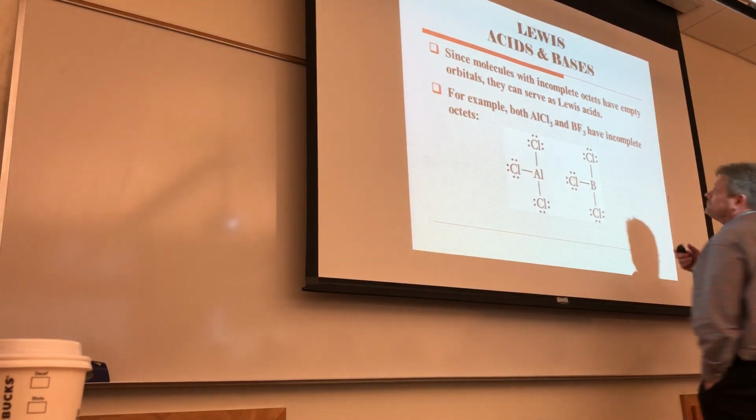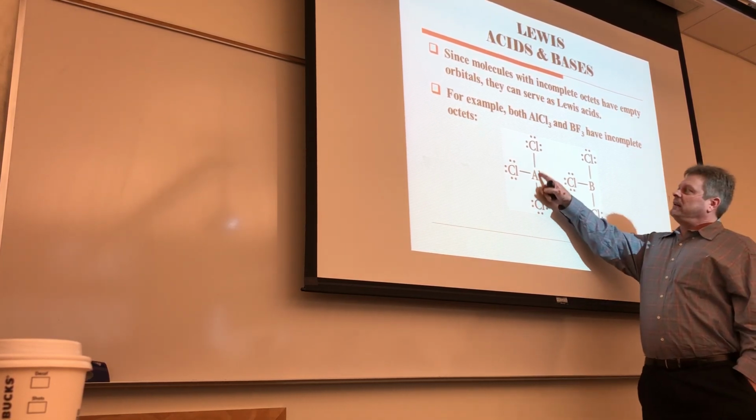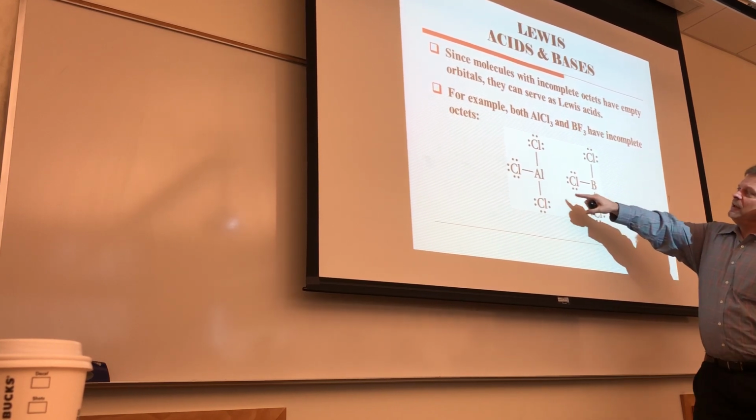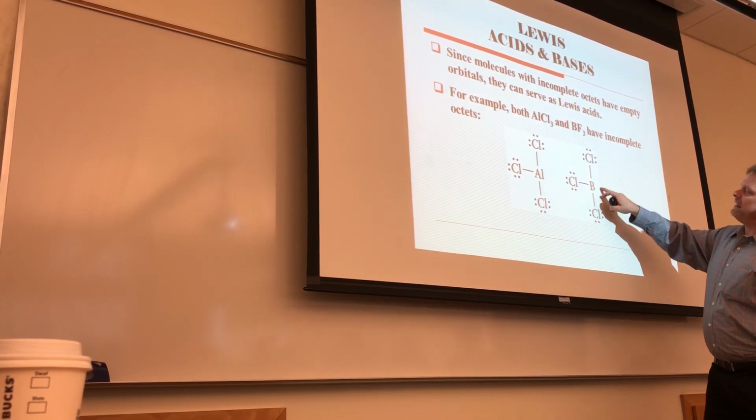Okay, so incomplete octets, things like boron and beryllium, and then anything that becomes a cation will always be deficient in electrons. Anything that has electrons available can bind. In this case, aluminum is lacking 2 electrons, boron's lacking 2 electrons here.